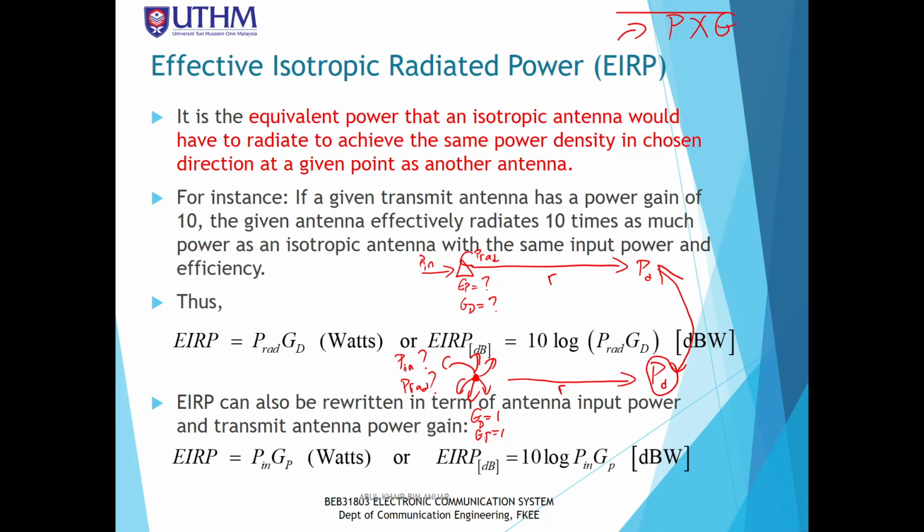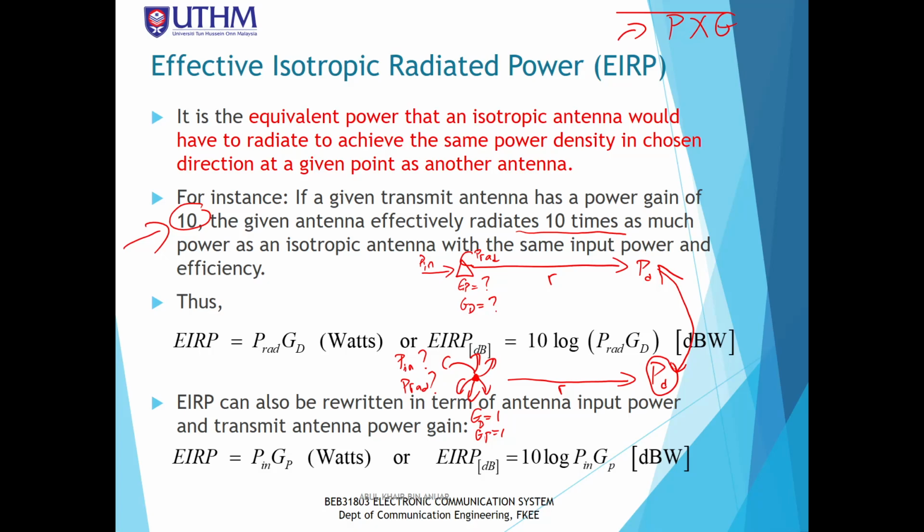Contoh dikatakan di sini, if a given transmit antenna has a power gain of 10, the given antenna effectively radiates 10 times as much power as an isotropic antenna with the same input power and efficiency.